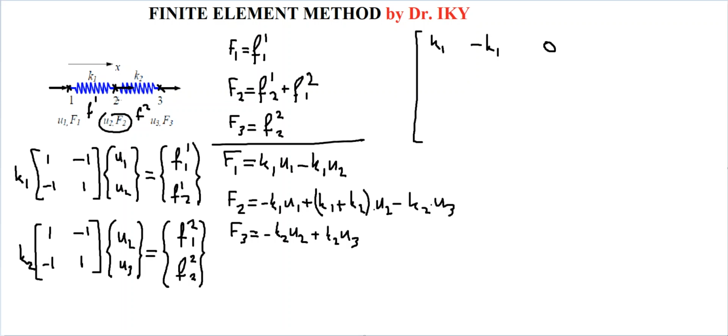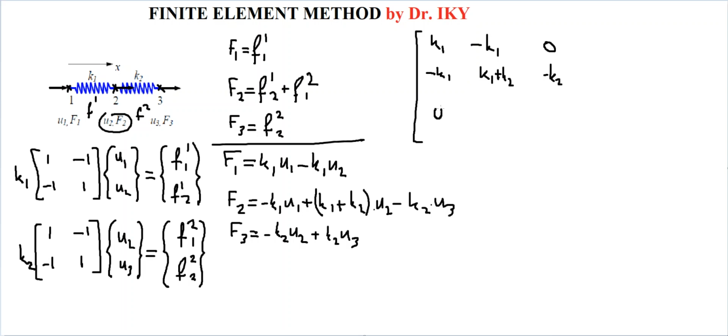There is only a connection with node 2 with the help of K1. For node 2, there is a connection with node 1 with K1, and a connection with node 3 with K2. Because of that, I am able to write minus K1. For the second, because of two connections, K1 plus K2. For the third node, we have only K2 minus K2.